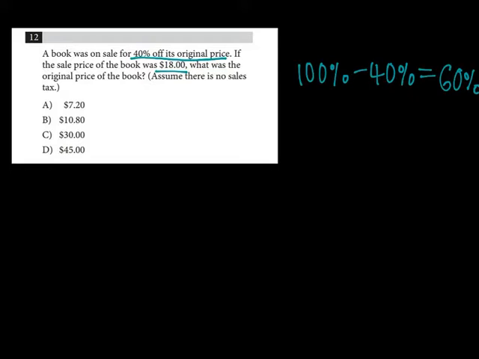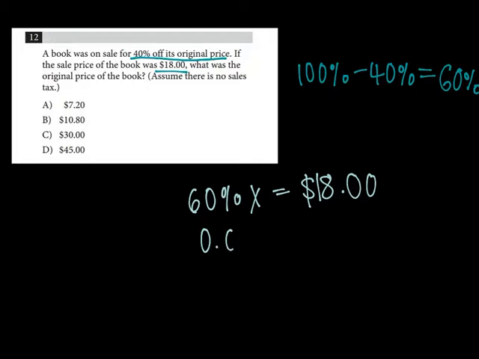So if we were to write an equation for this, since we know that the $18 is the 60%, we can write 60% times x equals $18, or we could just write this as 0.6x equals 18.